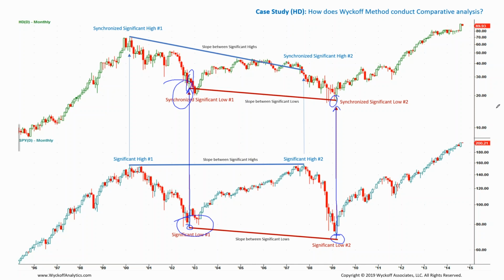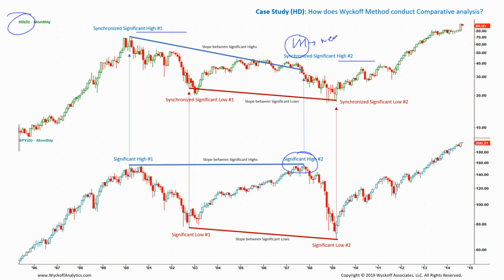And it's very clear to me that in the case of significant highs, where we have a lower high for Home Depot and kind of a flat high for the market, this lower high suggests that the stock is weaker at this point. Please note that even though it's weaker, we don't know exactly what would be the behavior of institutions at the next low.